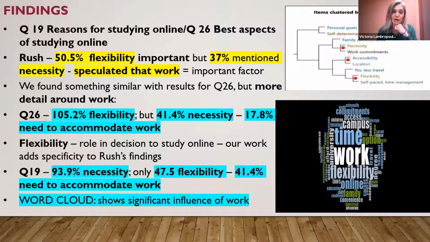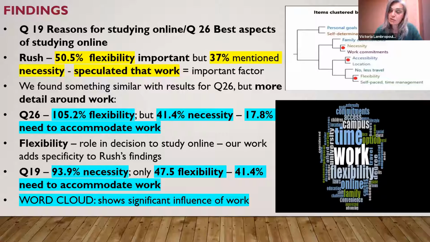Thank you, Alex. I'll talk about the interplay between flexibility, necessity, and working hours. As you've already heard from Alex, the Rush study very much influenced this study. In response to her question 3, which I think is important to read out, "What do you think is the best aspect of being a distance student?", 50.5% noted flexibility and 37% mentioned necessity.